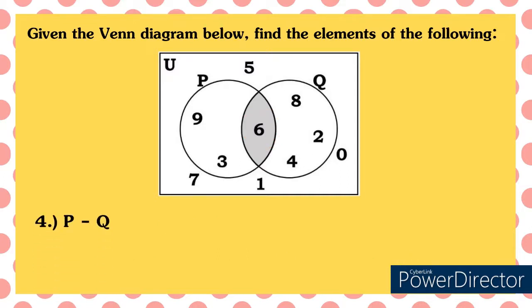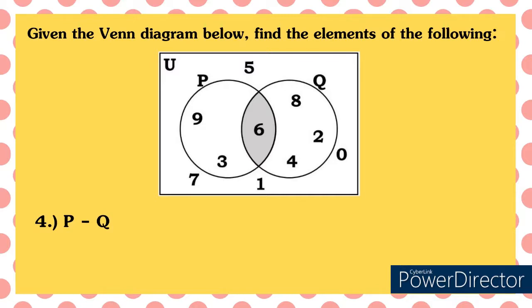Next, P minus Q, or we are going to find the difference of two sets. We have set P and Q. Ano ba ang mga elements kay P? We have 3, 6, 9. And ano din ang mga elements na makita kay Q? We have 2, 4, 6, 8. And ano yung elements na common sa kanila? We have 6.